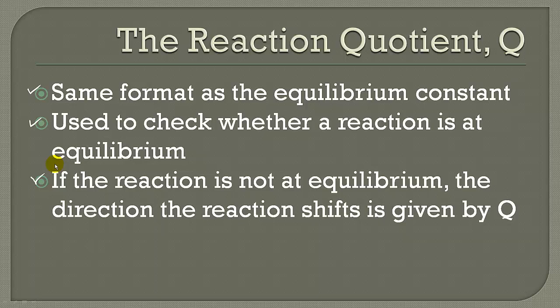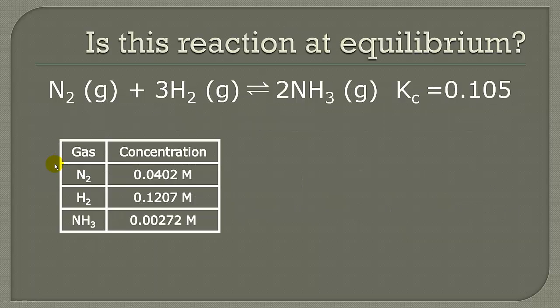Okay, so here's the problem. The question is simply, is this reaction at equilibrium? And then you're given some data. One of the first things that I like to do when I'm given the data is write the numbers in right underneath the problem. So this is 0.0402. This is 0.1207.